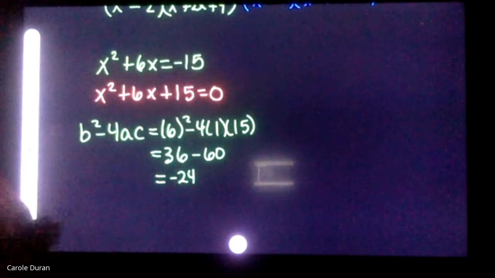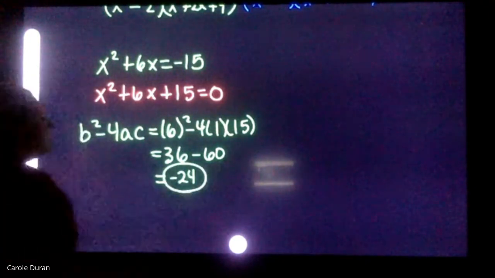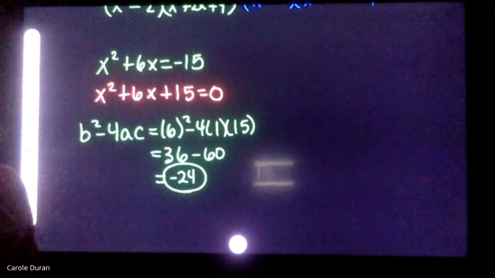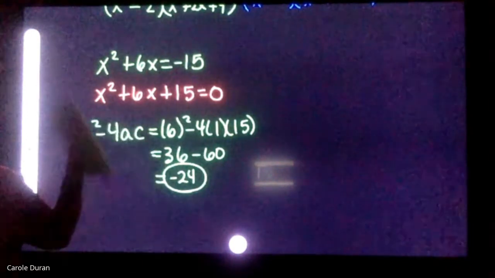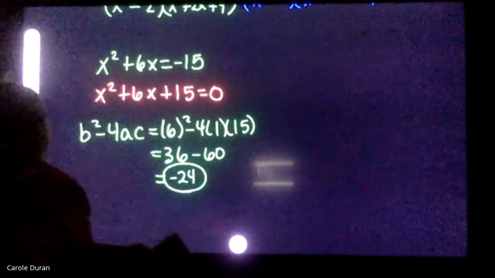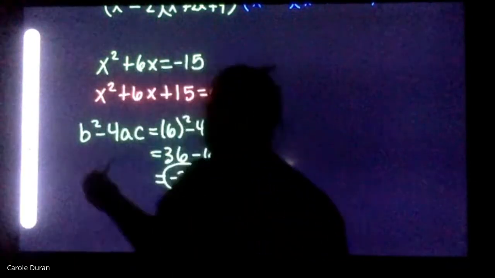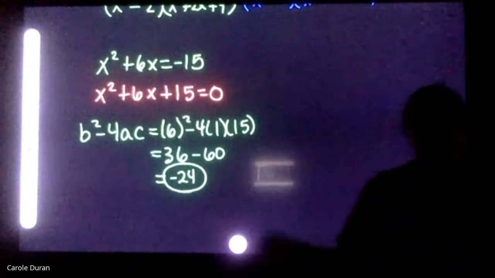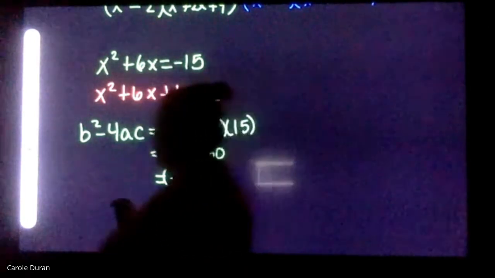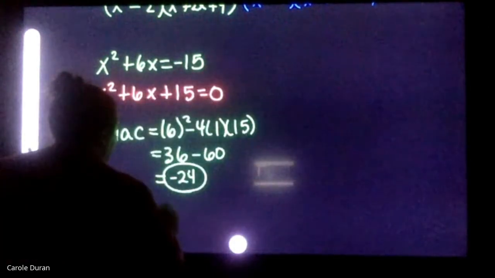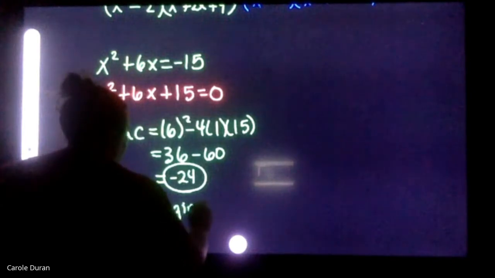This number I got right here determines the type of solutions my quadratic will give me. We did a nice little chart of this in our notes. If the answer I get with my discriminant is less than 0, which negative 24 is, it tells me that I will have 2 imaginary or complex solutions.